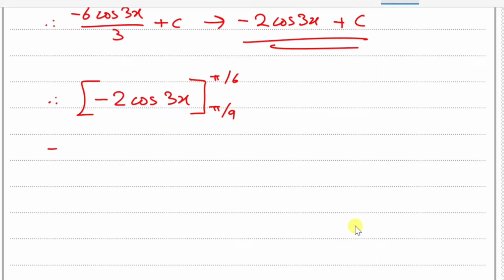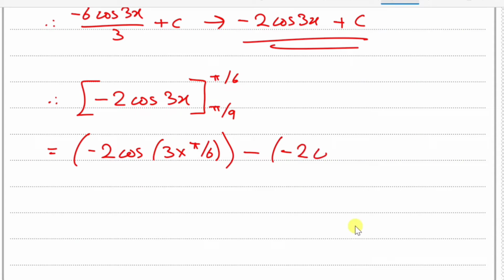So you should therefore get minus 2 cos, and put a bracket, 3 times pi over 6, close bracket, take away, minus 2 cos, open bracket, 3 times pi over 9. So that's how it should look like in calculator.